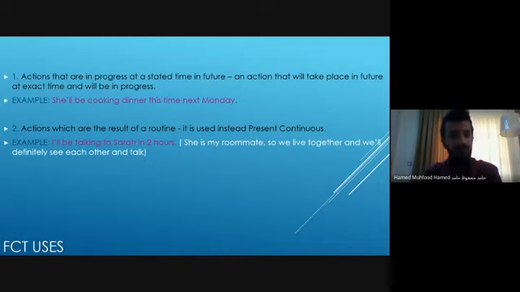It means that, for example, this speaker, she lives with Sarah and she is about to go there and she will meet Sarah in 2 hours. So of course, during that time, she will be talking to her. And that's why we consider it as the result of a routine. And that's why we use the future continuous tense.